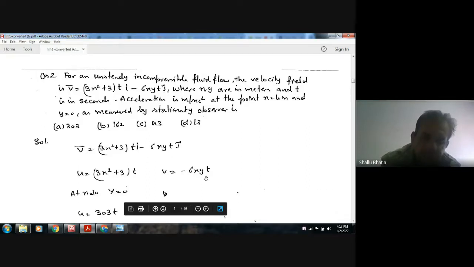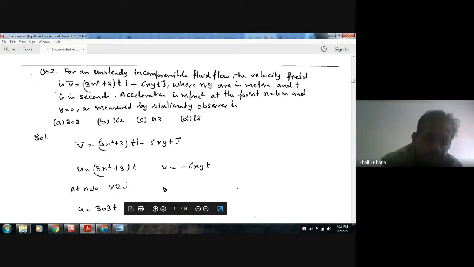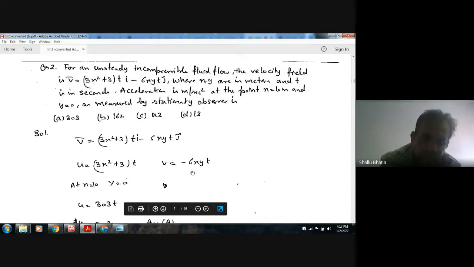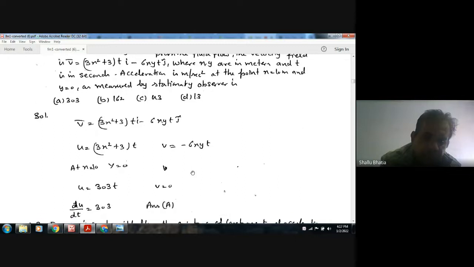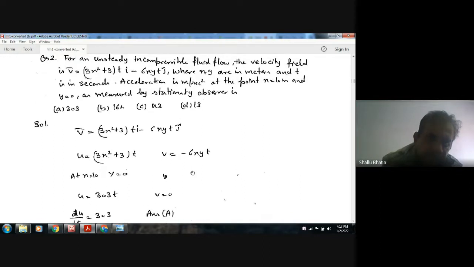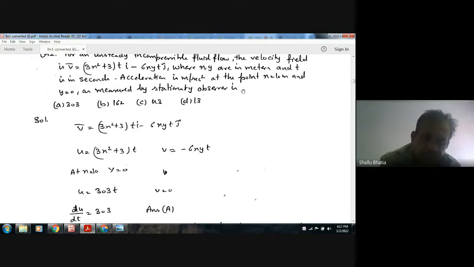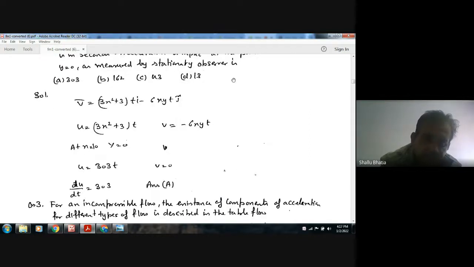Putting x equal to 10 here, we can have u, and we can find v also. But we have to find the acceleration as measured by a stationary observer, and y is 0.